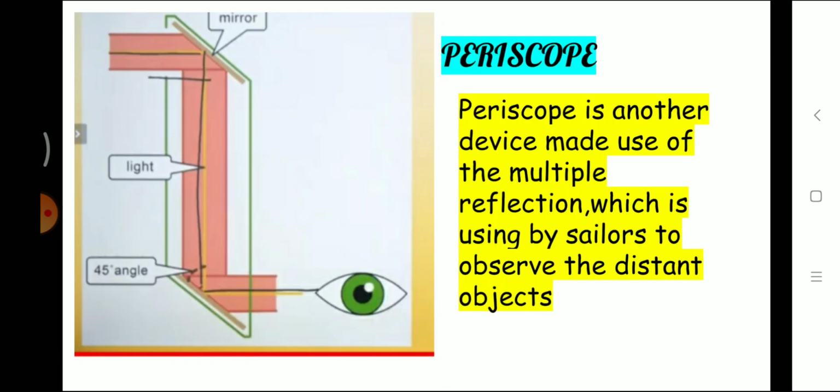Another device working on the principle of multiple reflection is the periscope. Mainly the periscope is used by sailors to observe distant objects. You can understand how visibility happens through a periscope. We will explain it in the live class.